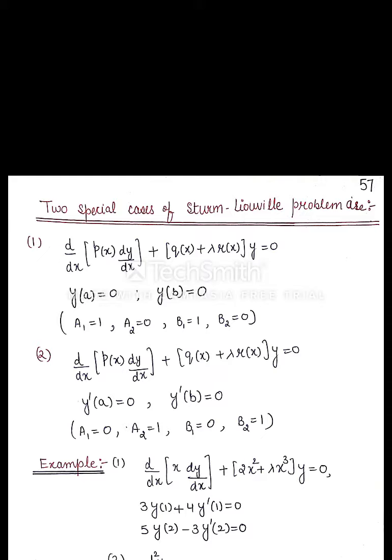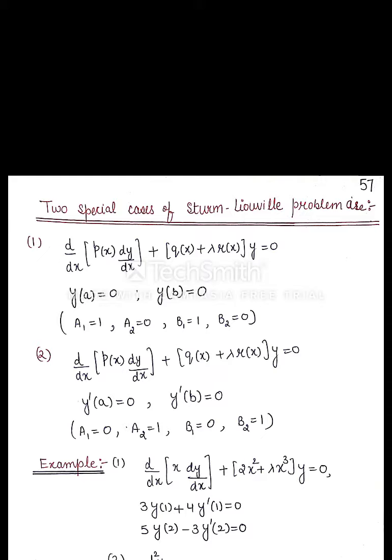Because here we are taking a1 is equal to 1, a2 is equal to 0, b1 is equal to 1, b2 is equal to 0. And if you put these values of a1, a2, b1, b2 in the Sturm-Liouville boundary value problem, you will get this special case marked as 1.